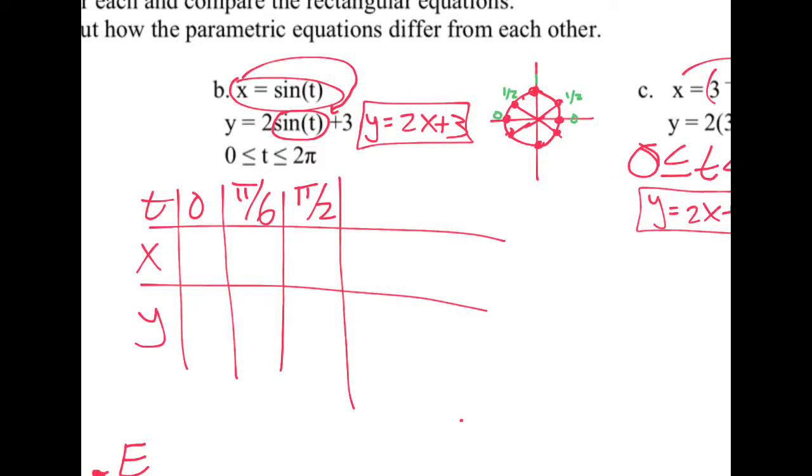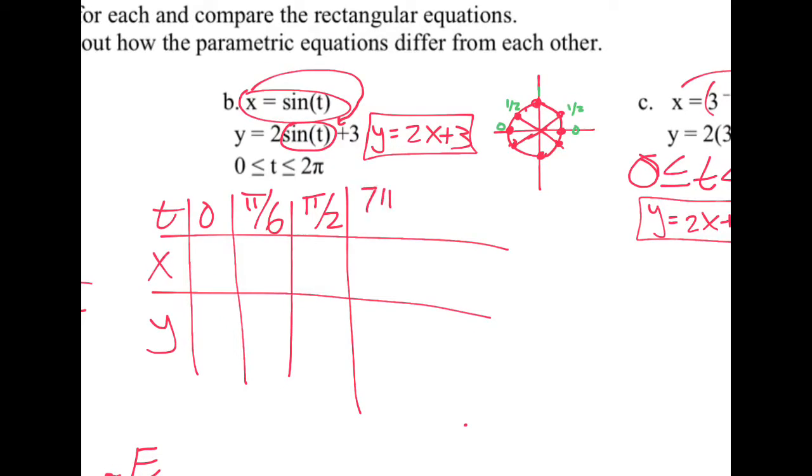And so the next distinct value is going to happen here at 7 pi over 6. And then the next one at 3 pi over 2. And then again we're repeating.